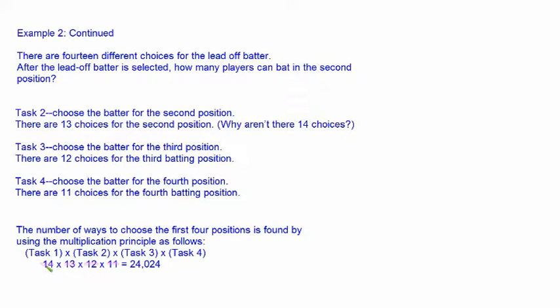The multiplication principle says that we should multiply these numbers, and we obtain the value 24,024. There are 24,024 different ways to arrange the first 4 batters when we have a 14-player roster.